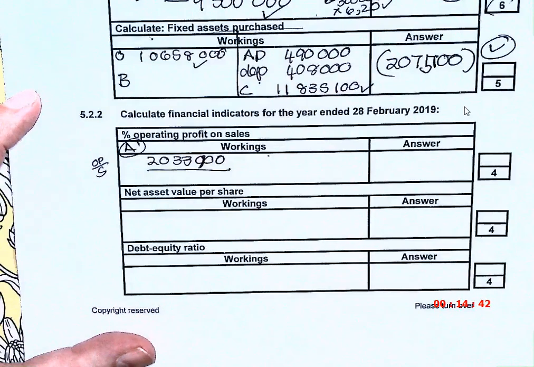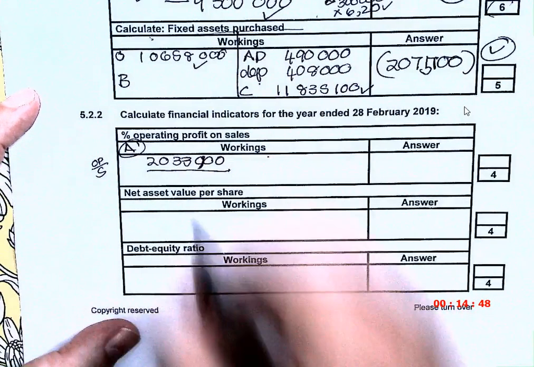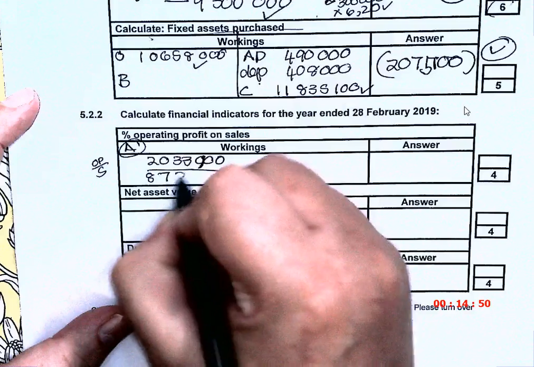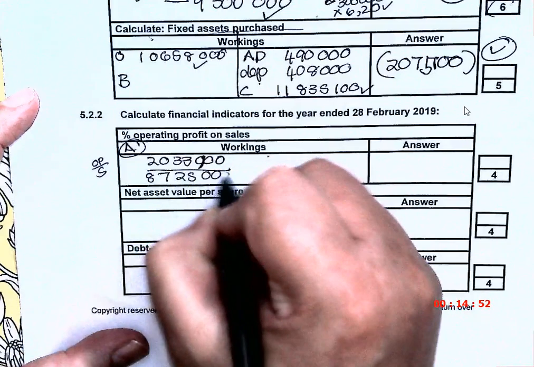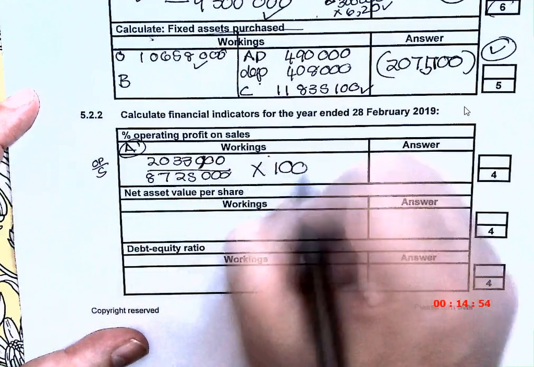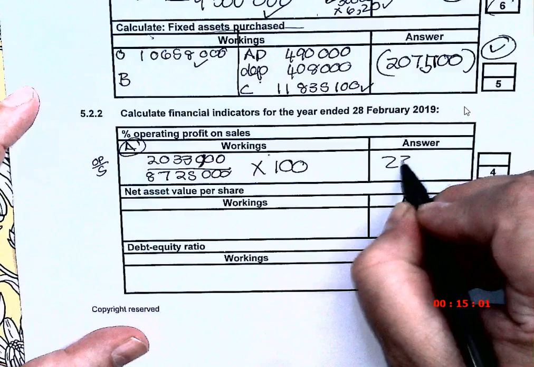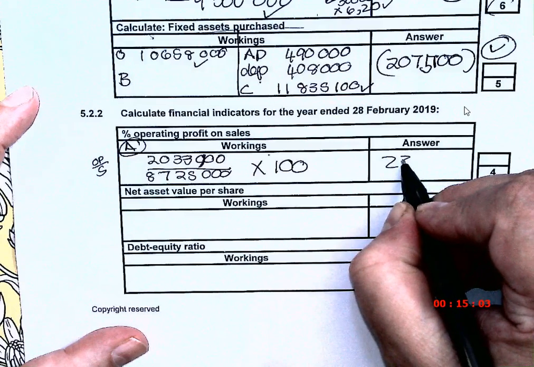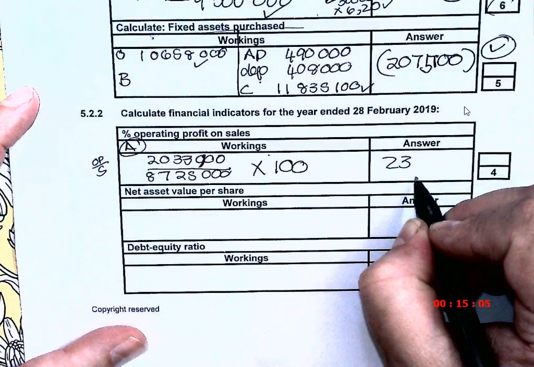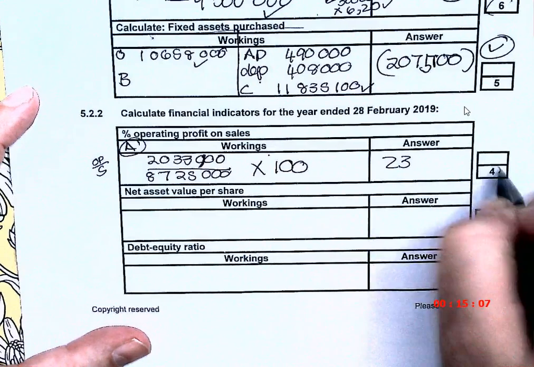So you guys have to be awake, né? Sales 87,250,000 times 100, and it gives me 23. Why on earth does it count so much? 23%.